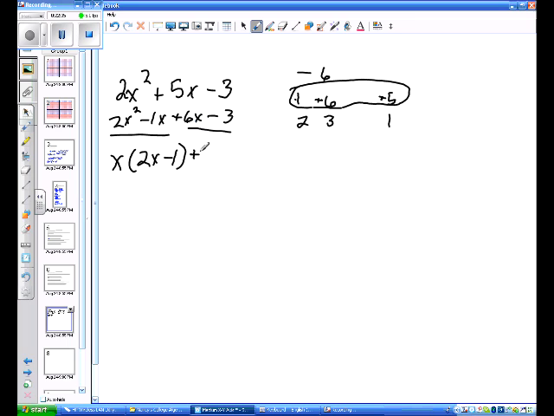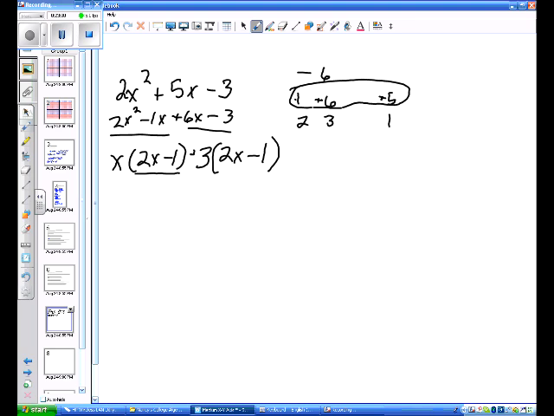Then we're going to look for a common factor for these two terms. Well, for those two terms, it's a 3. So 3 times 2x would be 6x. 3 times negative 1 is negative 3.